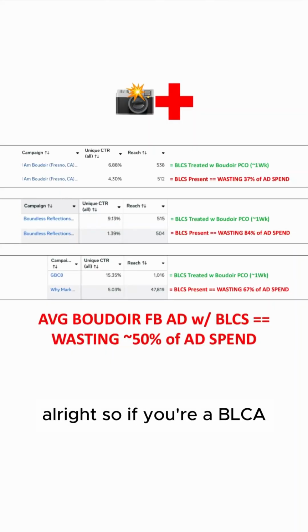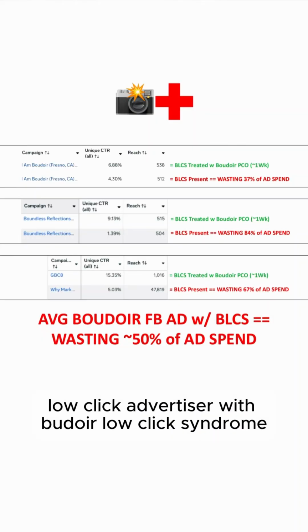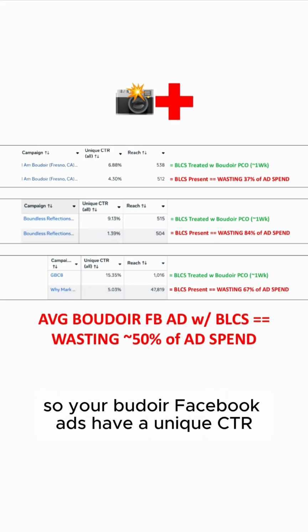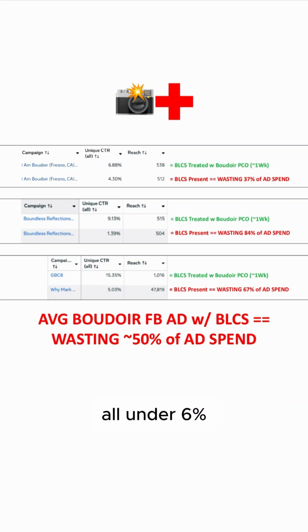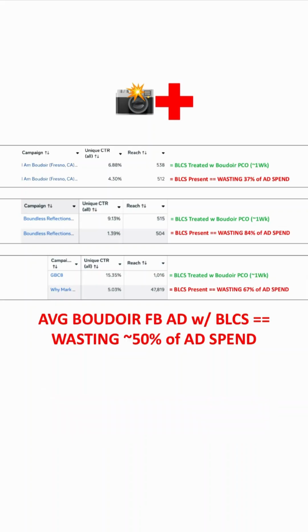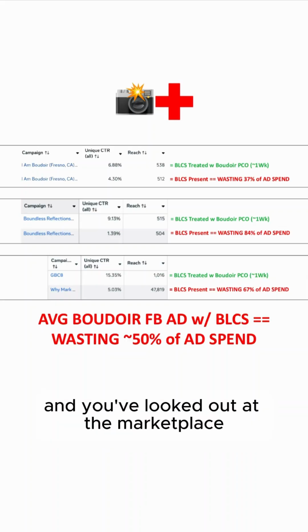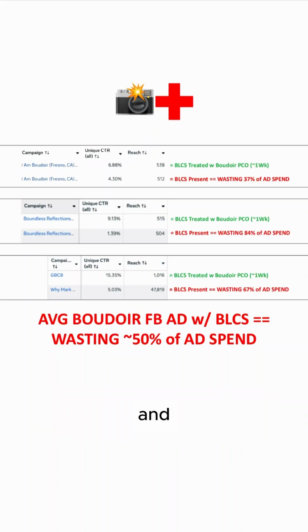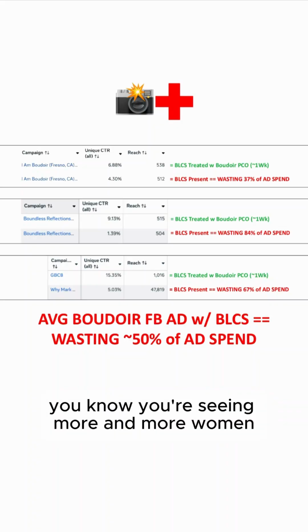All right, so if you're a BLCA with BLCS, so Boudoir low click advertiser with Boudoir low click syndrome, so your Boudoir Facebook ads have a unique CTR under 6%, and you're spending more than 10 grand a month on Boudoir Facebook ads, and you've looked at the marketplace, seeing it get more saturated in your city, you're seeing more and more women.